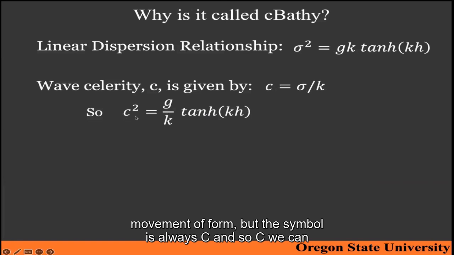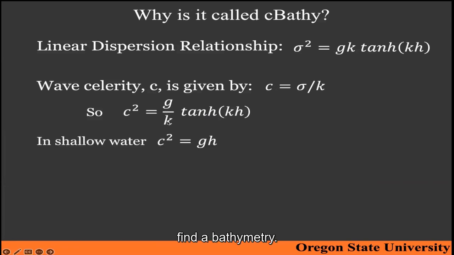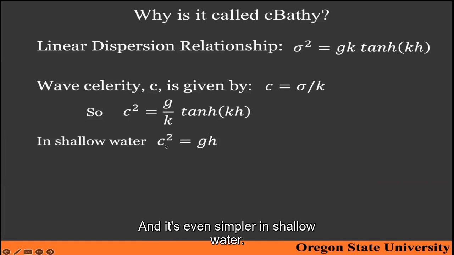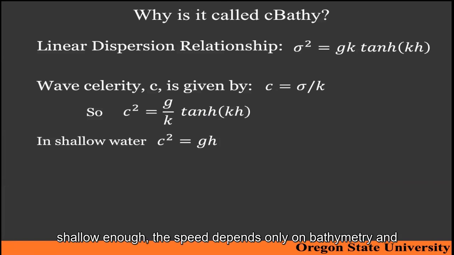And so we can re-express the dispersion relationship in terms of C and find a bathymetry. And it's even simpler in shallow water. If you look at hydrodynamically shallow water, when waves get shallow enough, the speed depends only on bathymetry.